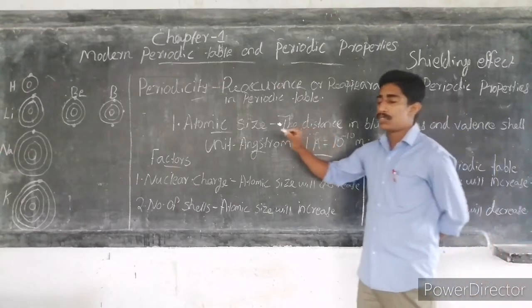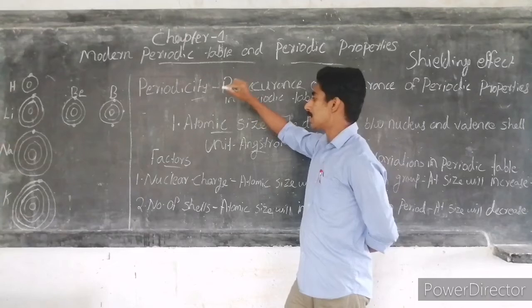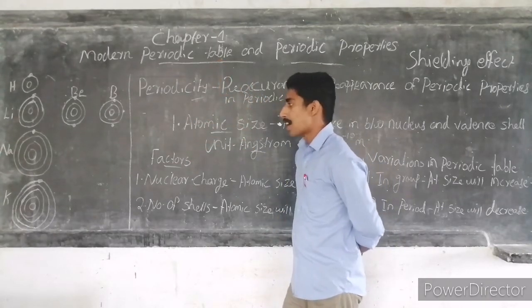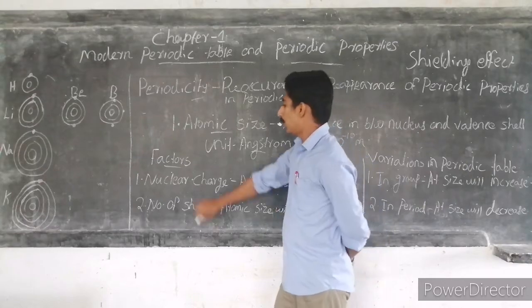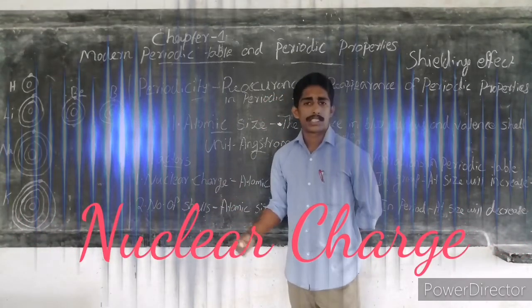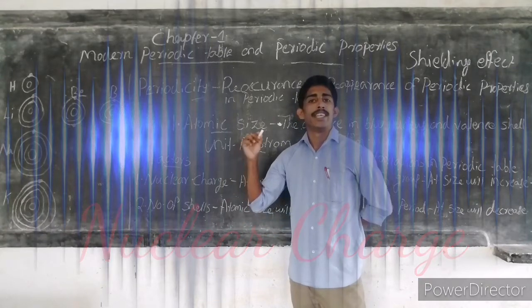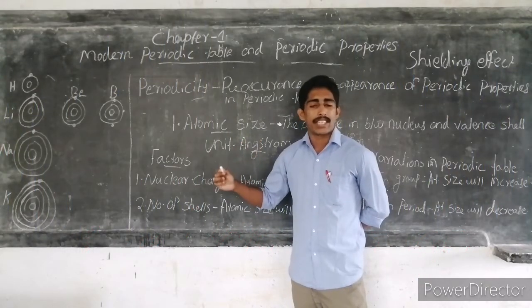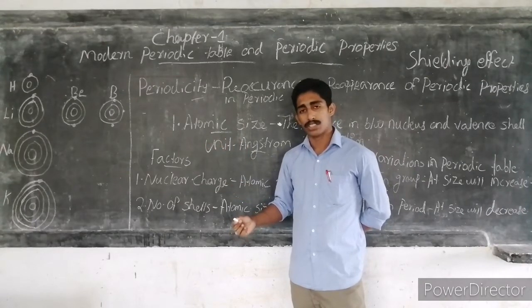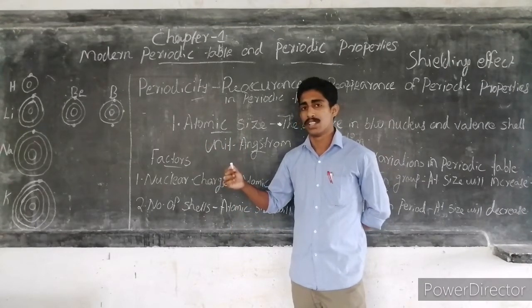The next one which we have to study is the factors affecting the atomic size. First one is nuclear charge. What do you mean by nuclear charge? We know that the nucleus of an atom contains protons and neutrons. What is the charge of protons?